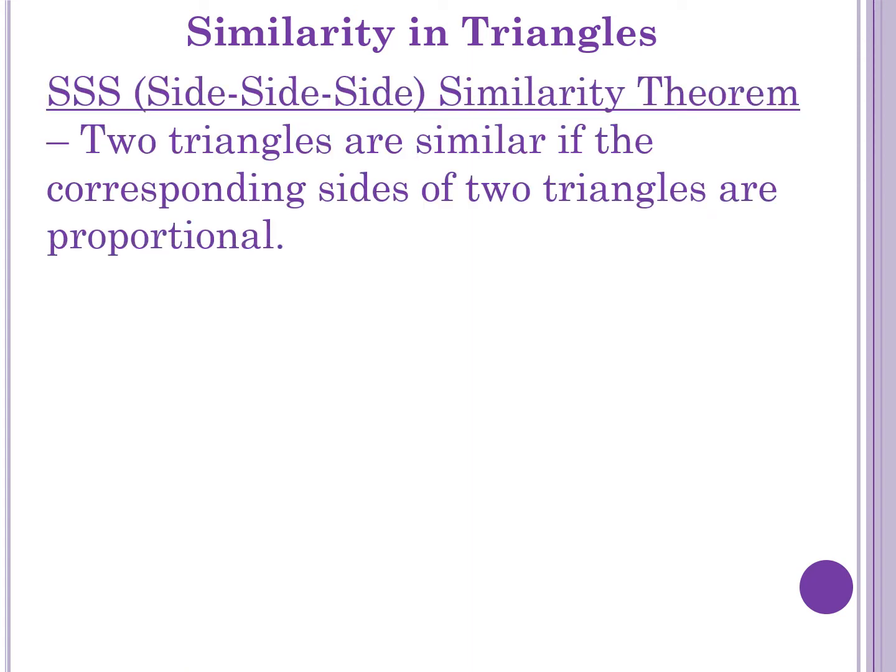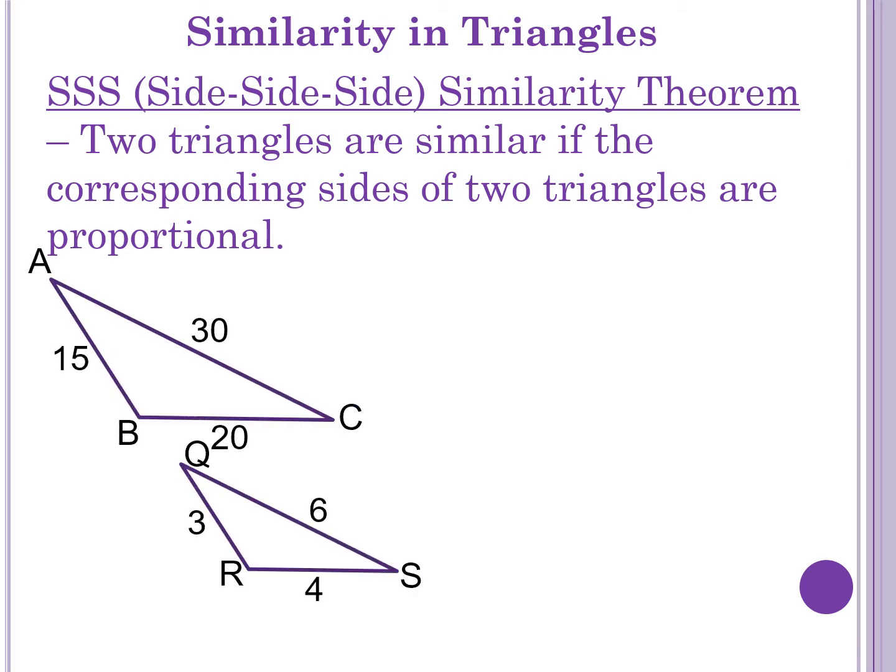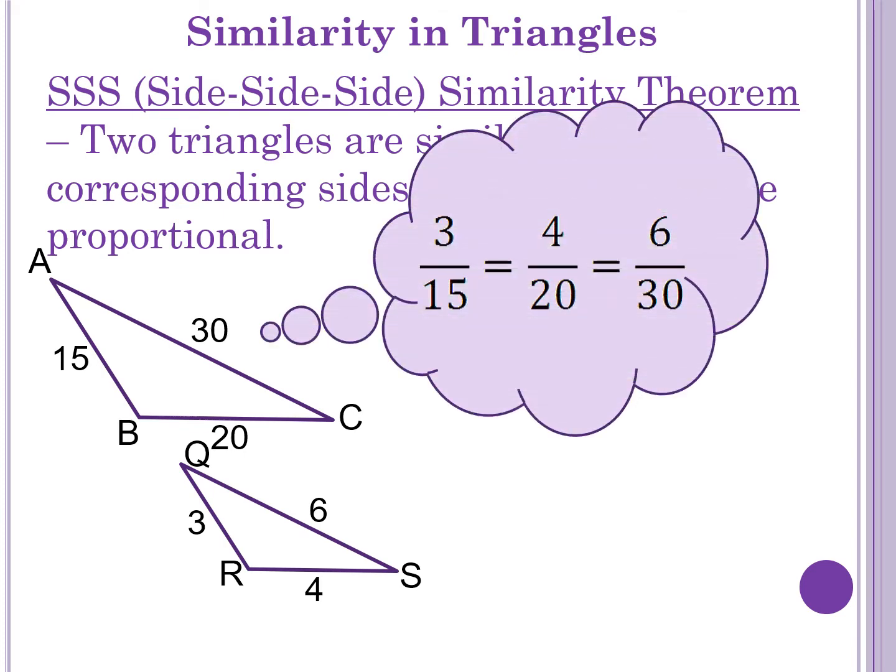Next, we have the SSS or side-side-side similarity theorem. It states that two triangles are similar if the corresponding sides of two triangles are proportional. Say for example, we have triangle ABC and triangle QRS. So if we get the ratios of the corresponding sides, we have 3:15, 4:20, and 6:30.